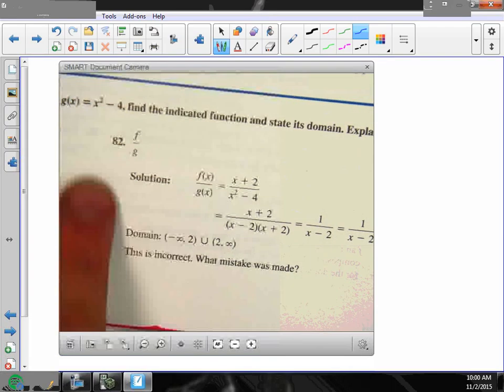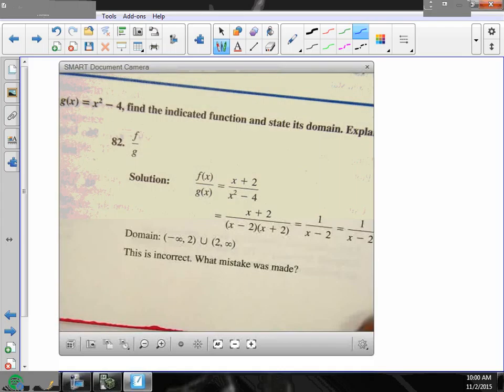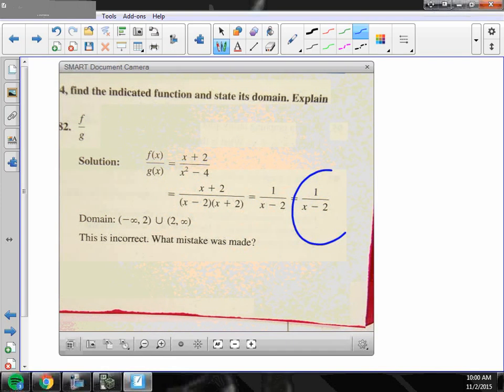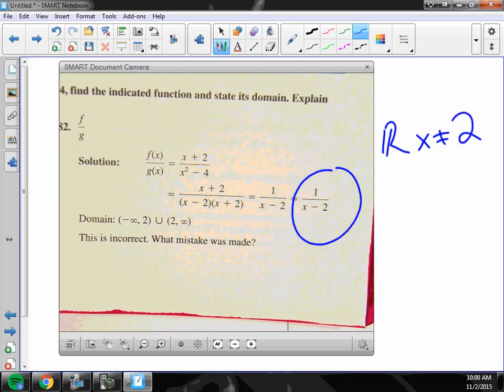So we have f divided by g. That simplifies down to 1 over x minus 2, and it states the domain is all real numbers, but x is not allowed to be 2. Why is that incorrect?